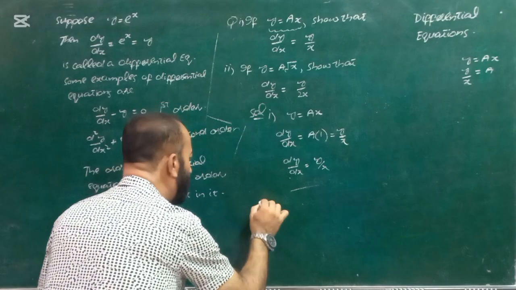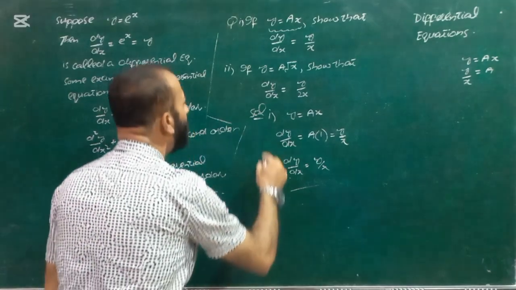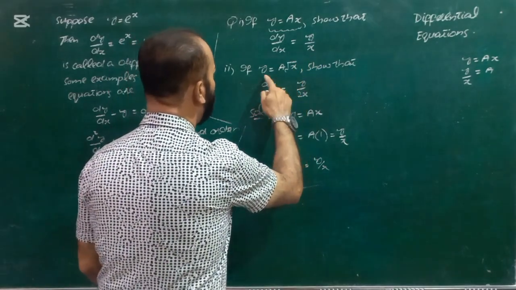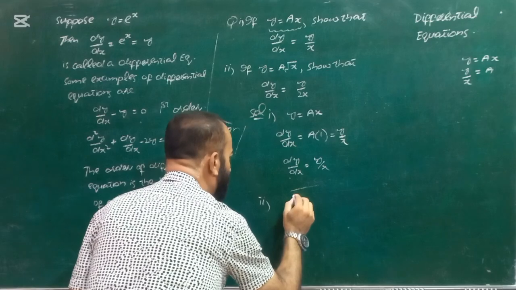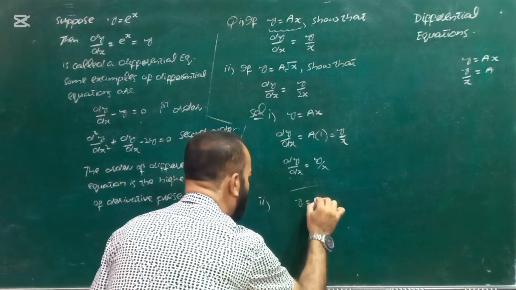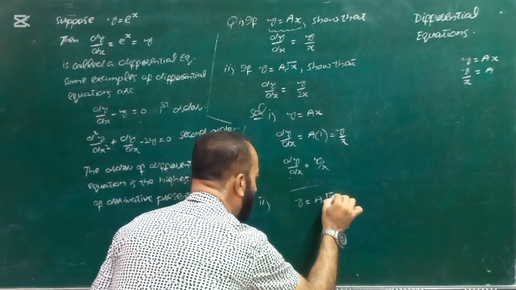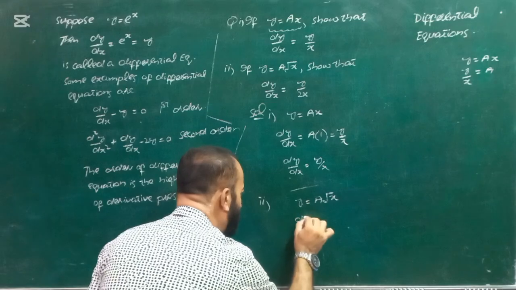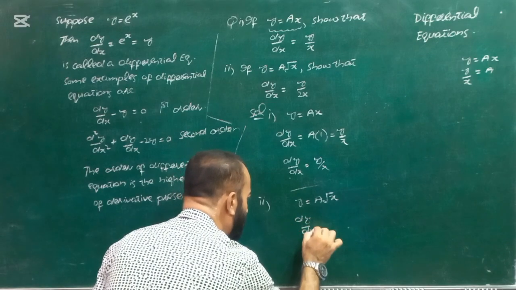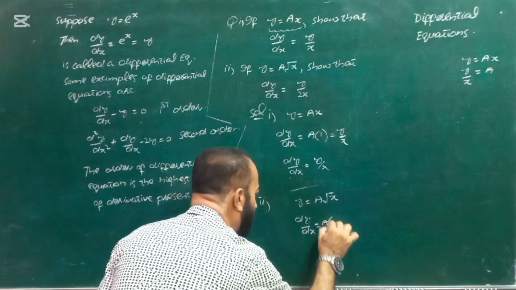Okay, the second part will be solved in the same way. y is equal to a square root x. So differentiating both sides, dy by dx is equal to a, the coefficient.